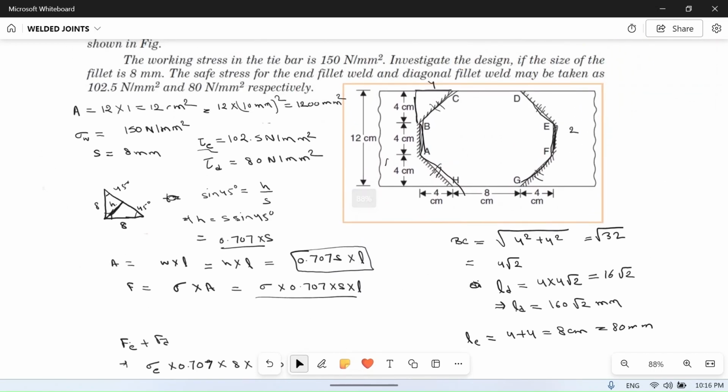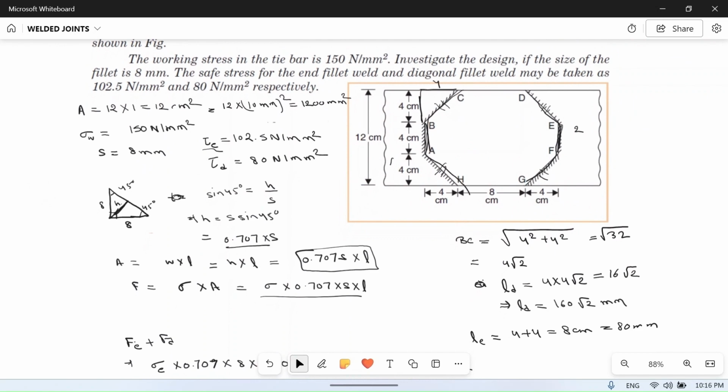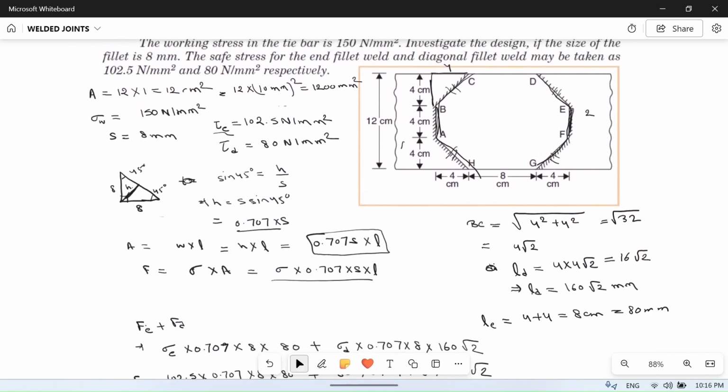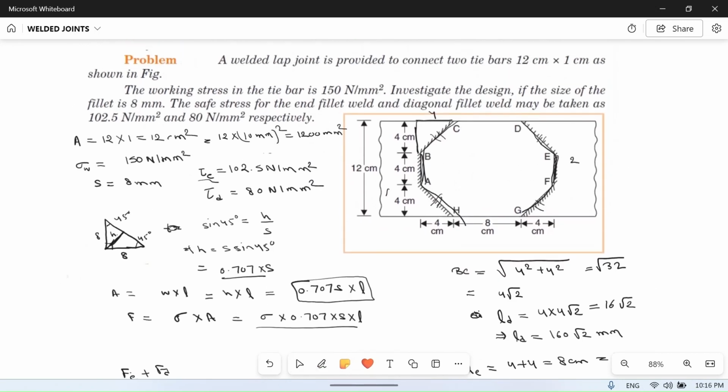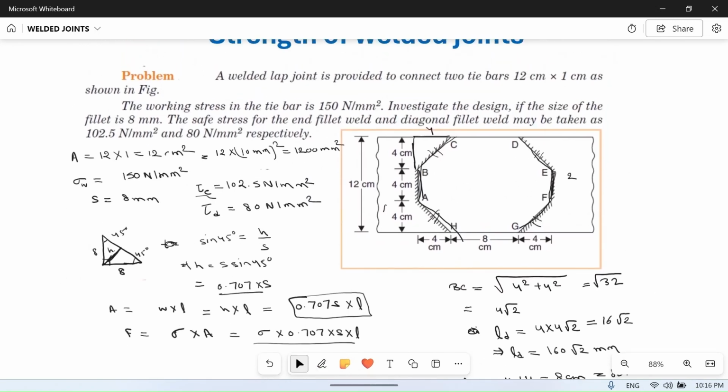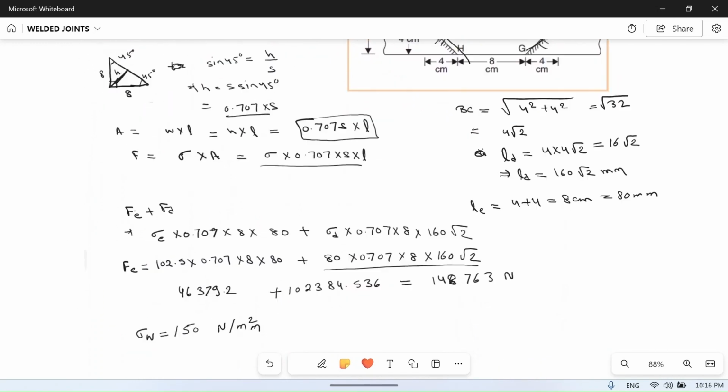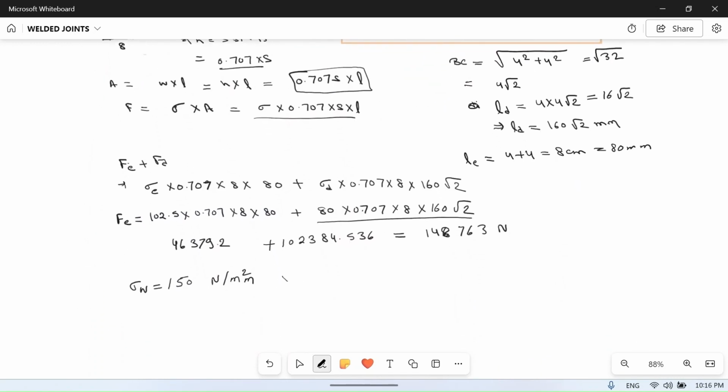And maximum allowed stress is sigma W, which is 150 Newton per mm square. And what is the area of this weld? This is 12 centimeter by 1, which is equal to 1200 mm square, area we have calculated. So sigma into area will be equal to load taken by this tie bar.